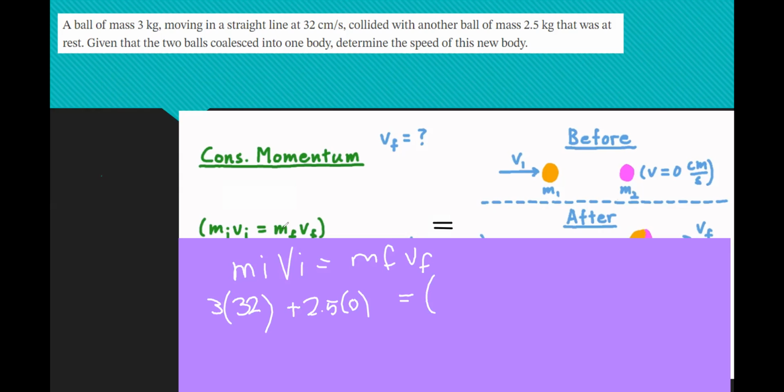So we have 2.5 plus 3 times the final velocity. So 3 times 32 is 96, equals 7.5 times the V final. So the V final will be 96 over 7.5.